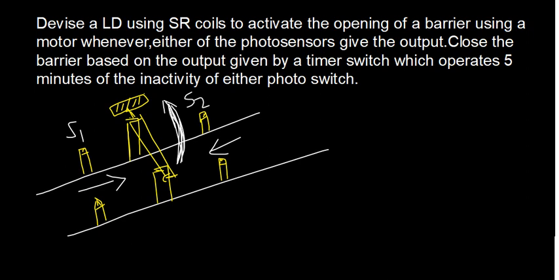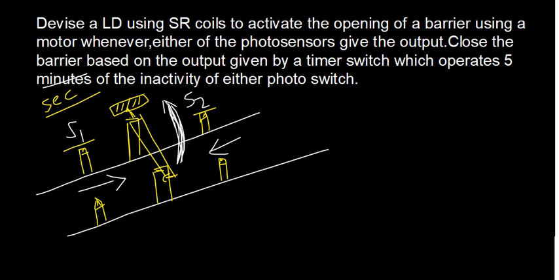So that means when either S1 or S2 does not give the next pulse 5 seconds after the previous pulse was given. Photosensors means what? You have this kind of arrangement, okay, it keeps giving the light here. Whenever the light is cut by this, it is going to give you a pulse like this.